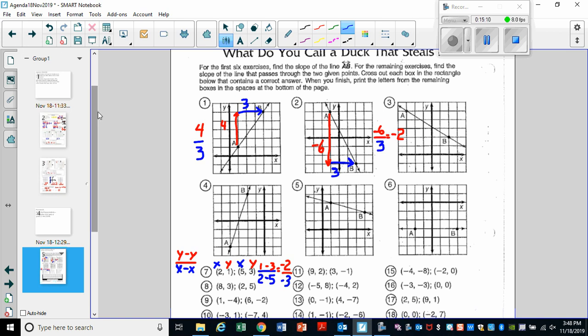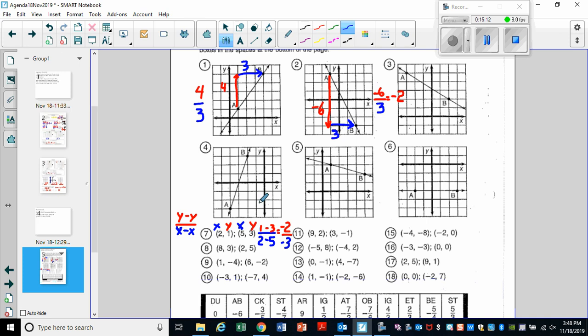Now, if you're given x and y coordinates, remember, you subtract your x's in order, and your y's, again, subtract them in order. Now beware, I want to do one other example, especially when you have negatives.